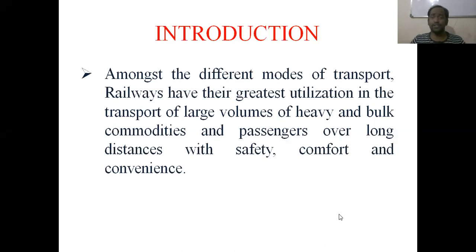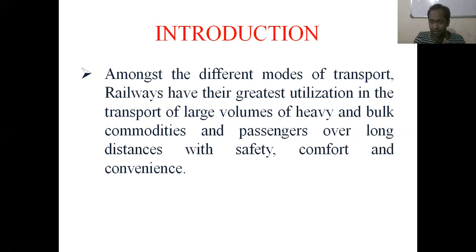Let me start with the introduction. Among the different modes of transport, railways have their greatest utilization in the transport of large volumes of heavy and bulk commodities and passengers over long distances with safety, comfort, and convenience. Compared to the remaining modes of transport, railway is comfortable, safe, and convenient for long distances.